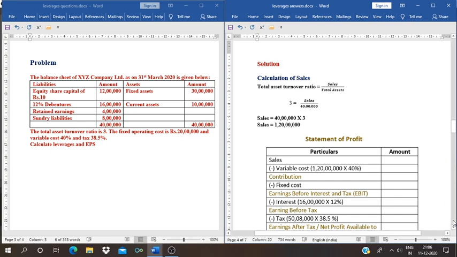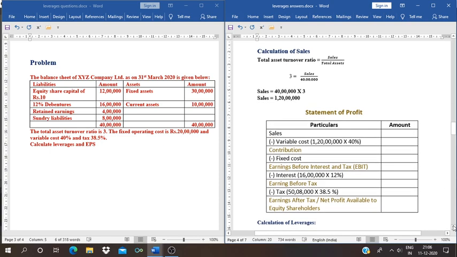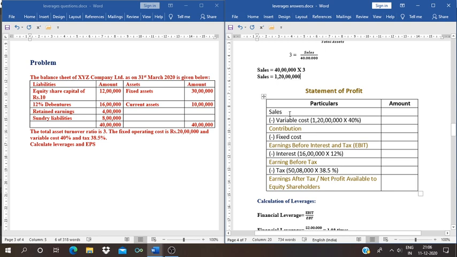Next, we are going to prepare the statement of profit. After calculating the sales, it is easy to prepare it. First, I write sales 1 crore 20 lakhs. Then variable cost, given as 40%, means 40% on sales. That is 1 crore 20 lakhs into 40%, which is 48 lakhs.